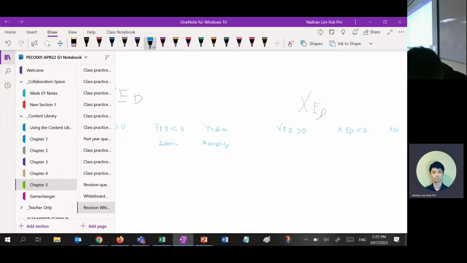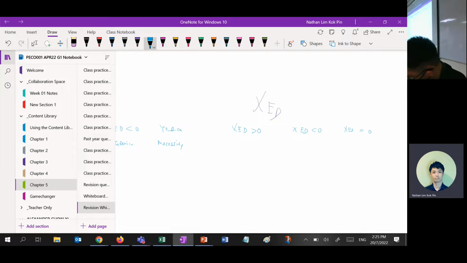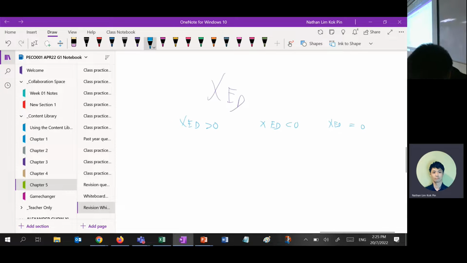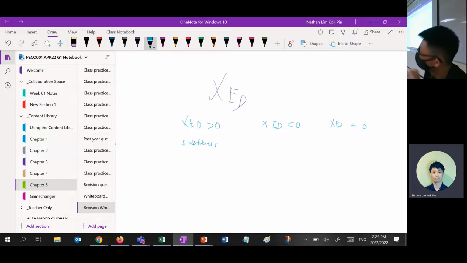XED is equals to 0. Right? XED is greater than 0. It shows that they are substitutes. Okay. XED is less than 0. It shows that they are complements. XED is equals to 0. It shows that they are.